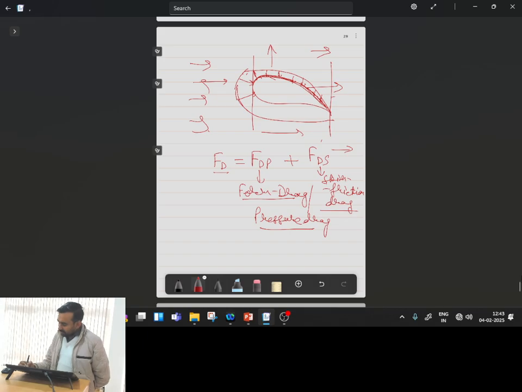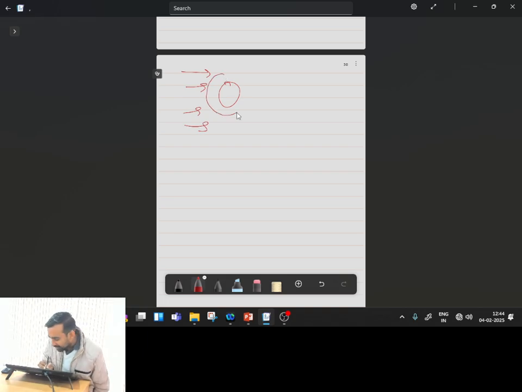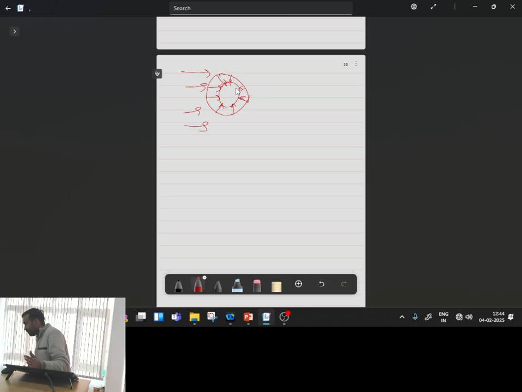Now, instead of this aerofoil, if I take a spherical particle present in the flow field, on this spherical particle also I will have some pressure distribution. Say I will have some pressure profile, something like this, where on its leading edge pressures are high and on the trailing edge pressures are low. So there will be some force on this particle because of the variation of the pressure.